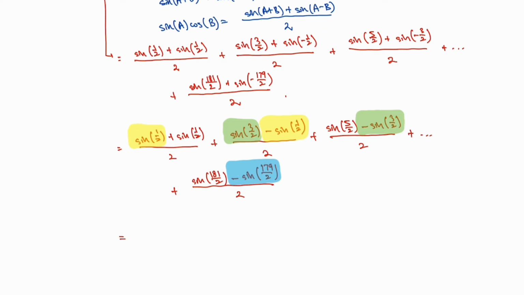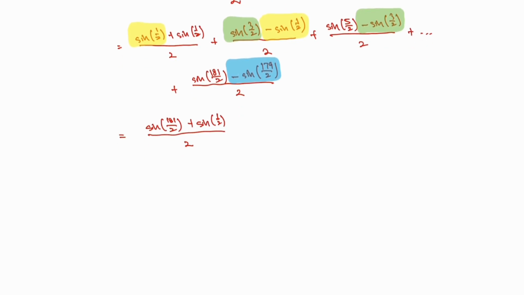So we're left with sine of 181 over 2 plus sine of a half over 2. But remember, this is the value for sine of a half times S. So to find S, we're going to have to divide both sides by sine of a half.